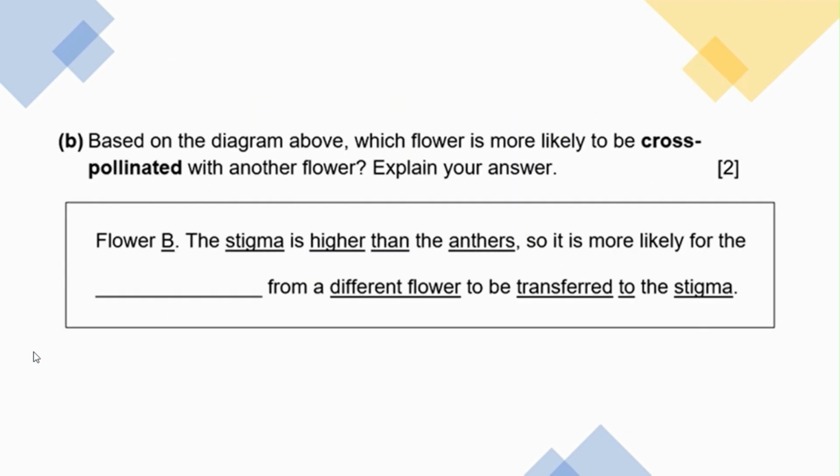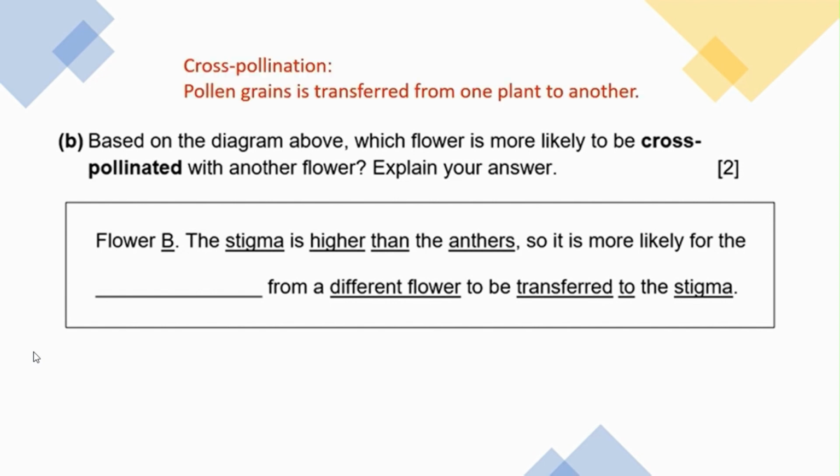Based on the diagram above, which flower is more likely to be cross-pollinated with another flower? Explain your answer. Before we can answer this question, we first need to ask ourselves, what is cross-pollination? Cross-pollination is when the pollen grain is transferred from one plant to another plant. Then we need to think, are there any characteristics of the plant that will allow it to be cross-pollinated much easier?